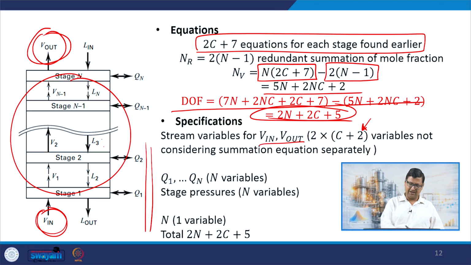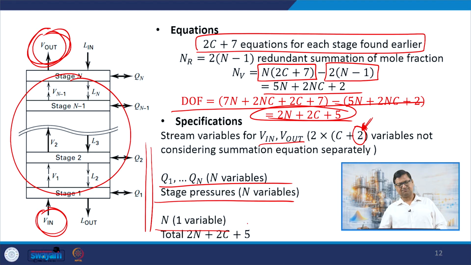But for V in and V out, I am choosing not to do that, and I am not writing the summation equation separately for these. So therefore, I am considering only C plus 2 variables, right. Now we can also specify the heat added for every stage, and I can also specify the stage pressures, and I can also specify the number of stages that we have, and we can get the total here, right.